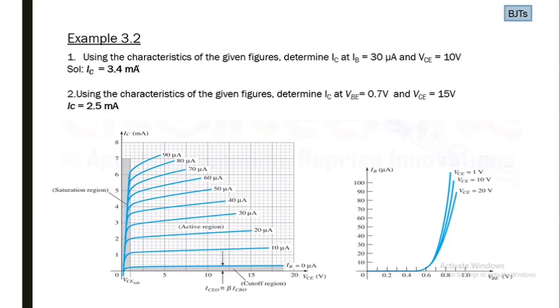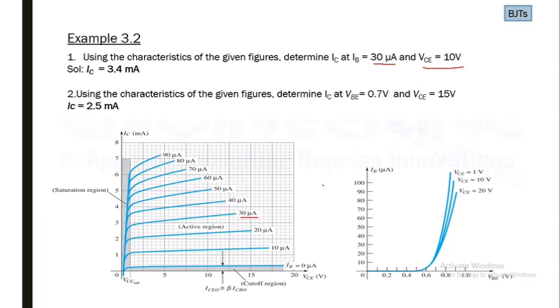Solving this example, the first question is: using the characteristic of the given figure, determine IC at IB equal to 30 microampere and VCE equal to 10 volt. So in this case, when IB is equal to 30 microampere, we are on this curve.